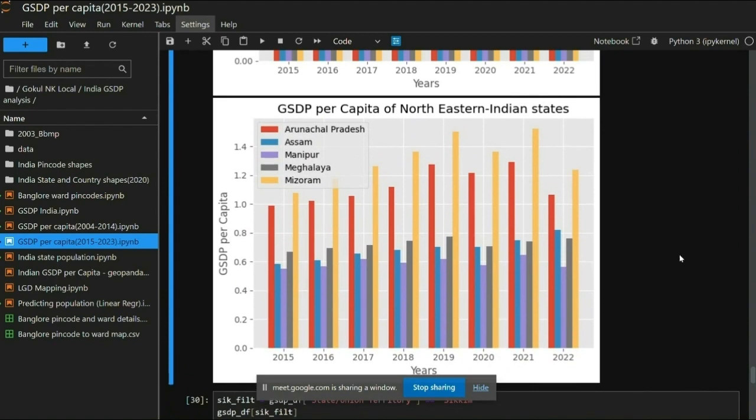Here is the northeastern state. Okay, interesting. So if you take per capita, it is very similar, right? Assam, Mizoram, and Meghalaya seem to be in that order mostly. And recently, Assam is improving in 2022 compared to Meghalaya.